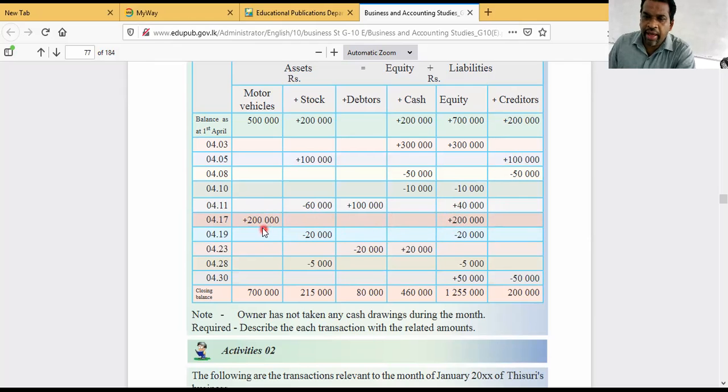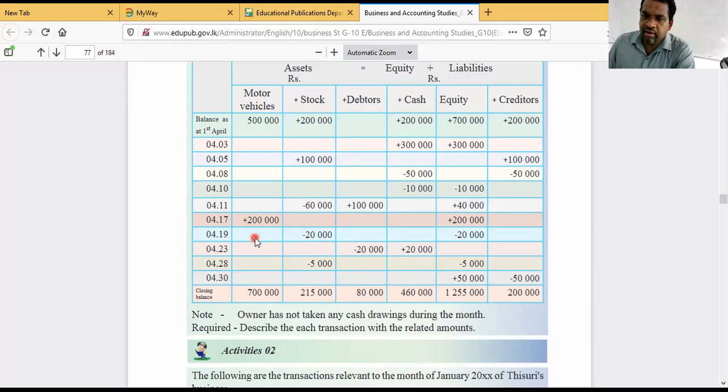That means owner has introduced a motor vehicle worth 200,000, which belongs to the owner. That's why capital has increased by 200,000. Motor vehicle has increased by another 200,000.